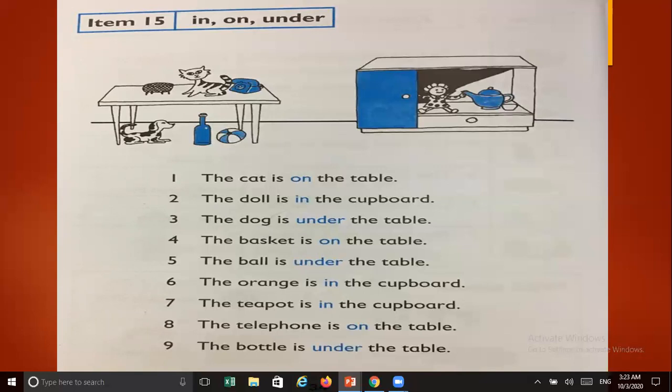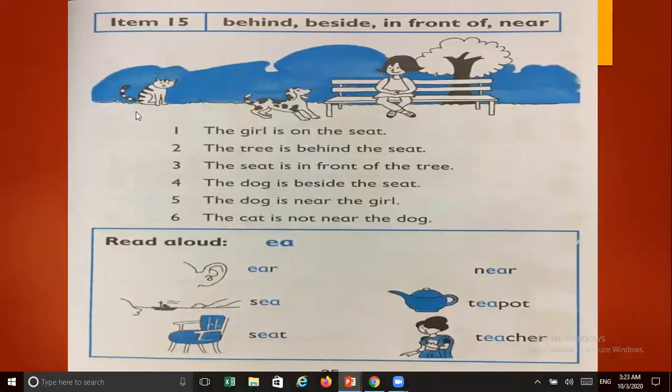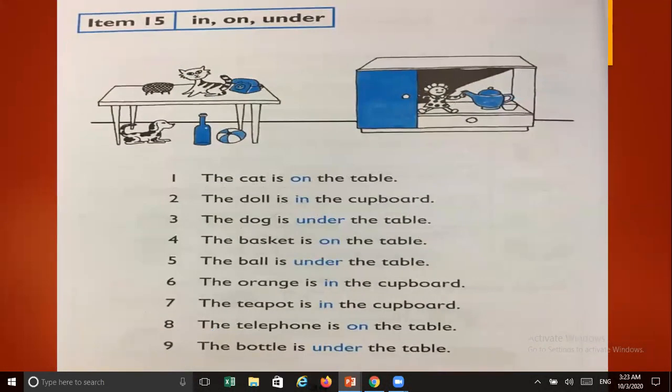Number 4. The basket is on the table. There is a basket. Basket is on the table. Number 5.